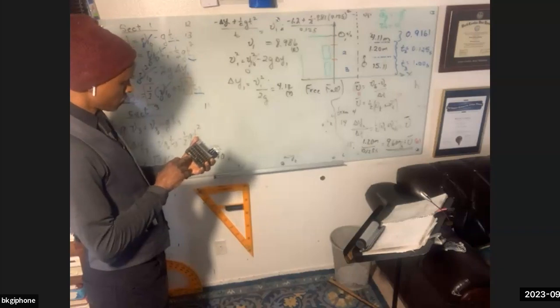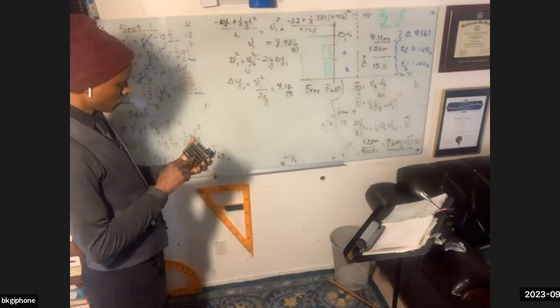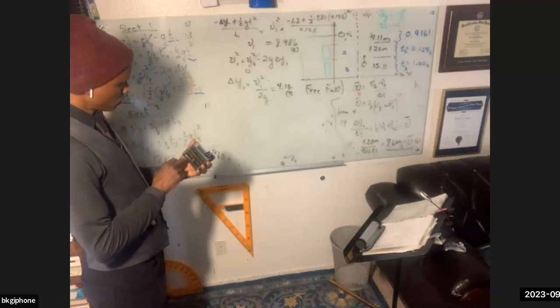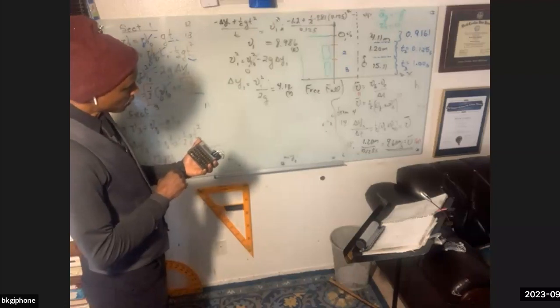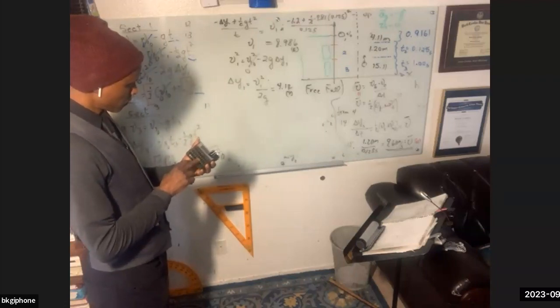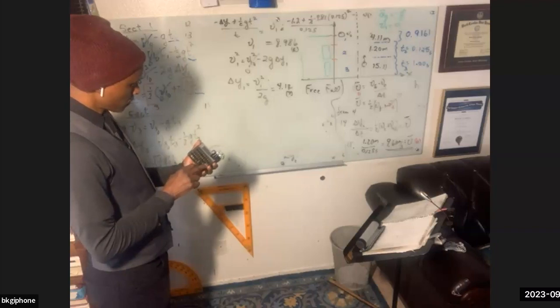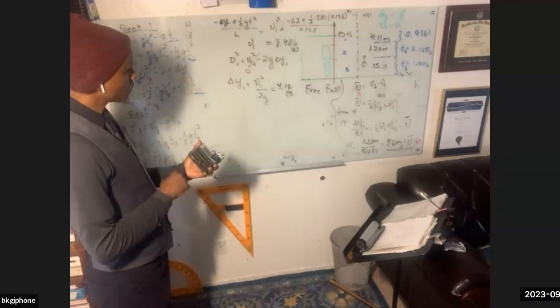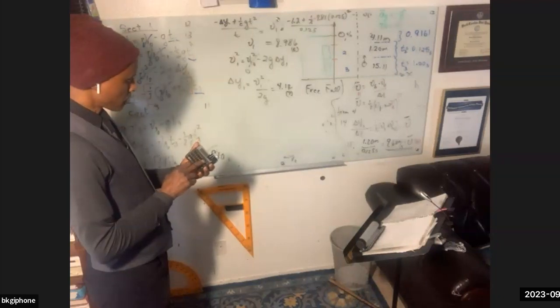So that time, the 1.25 or 0.125, basically times 9.81.